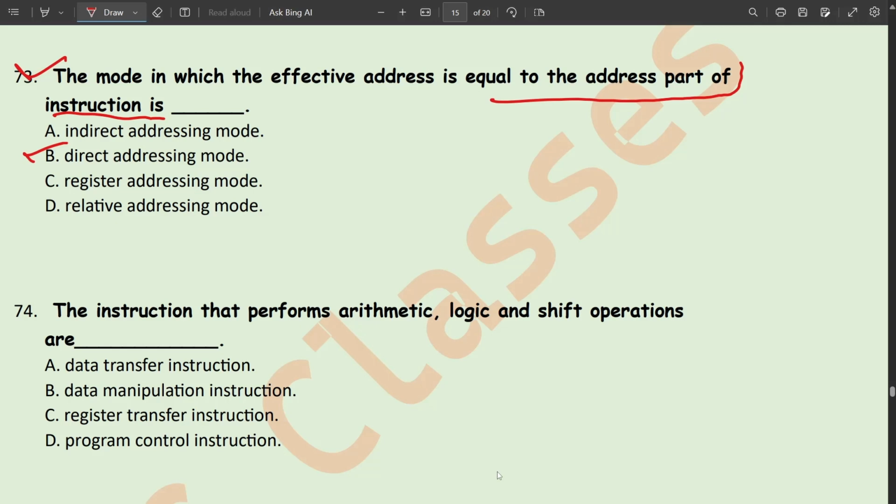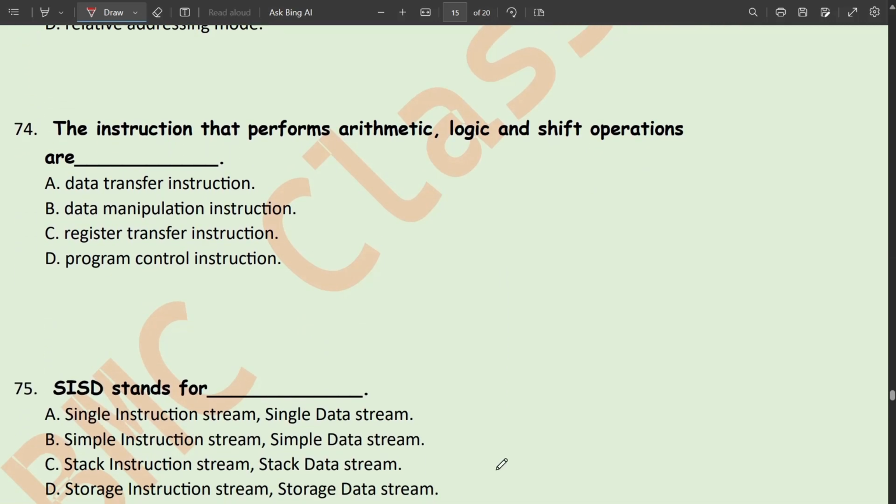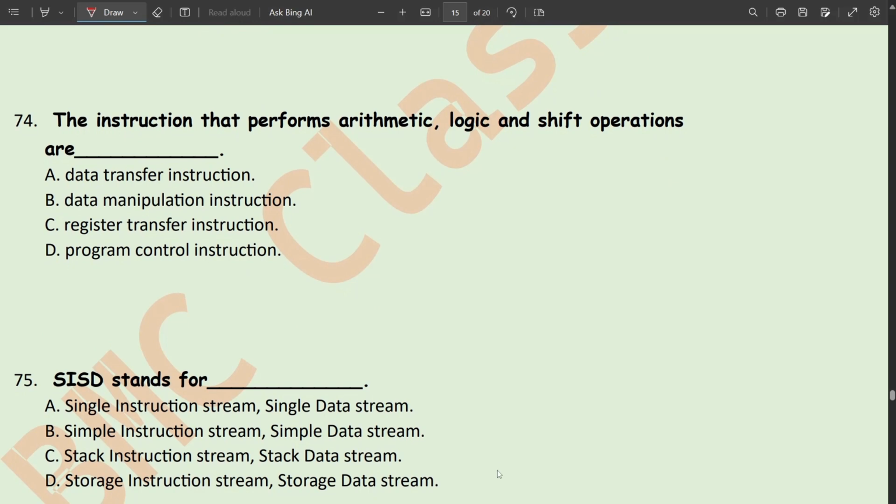In direct addressing mode, the effective address is equal to the address part of instruction. Next, the instruction that performs arithmetic, logic, and shift operations are called what? Data manipulation instruction. Option number B.